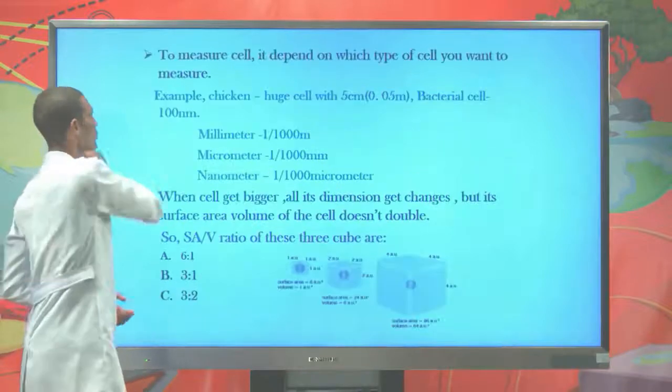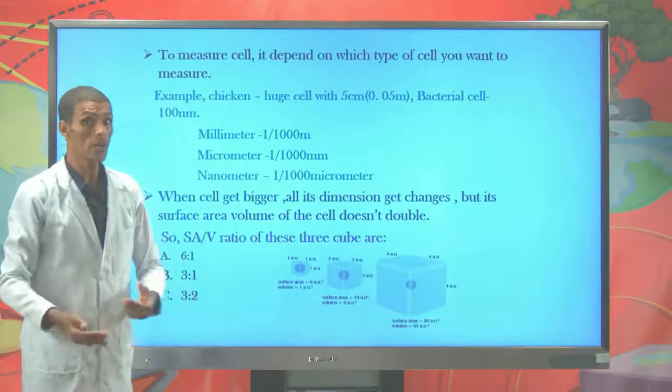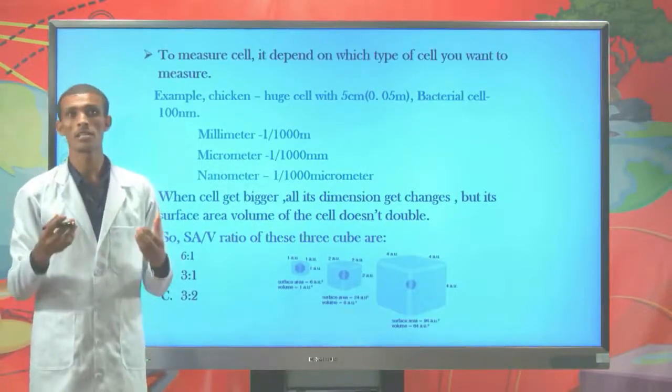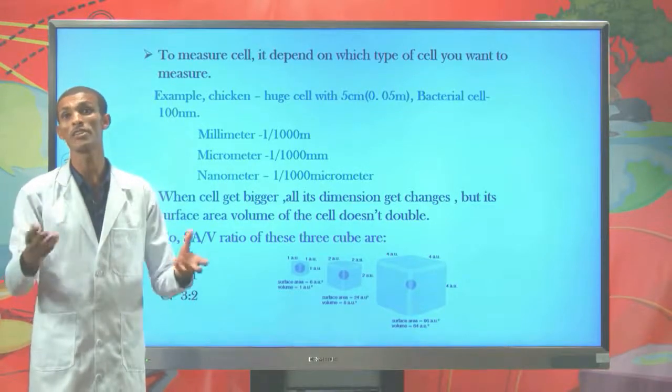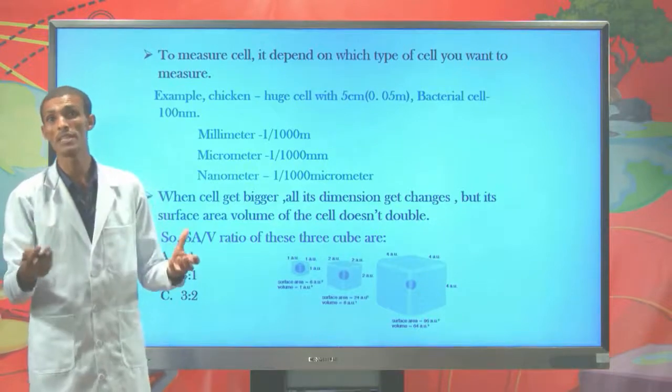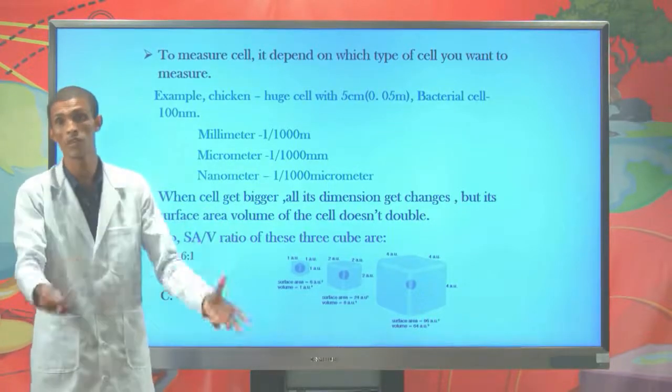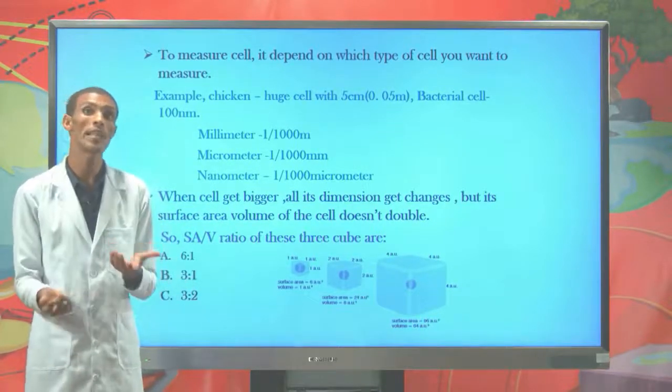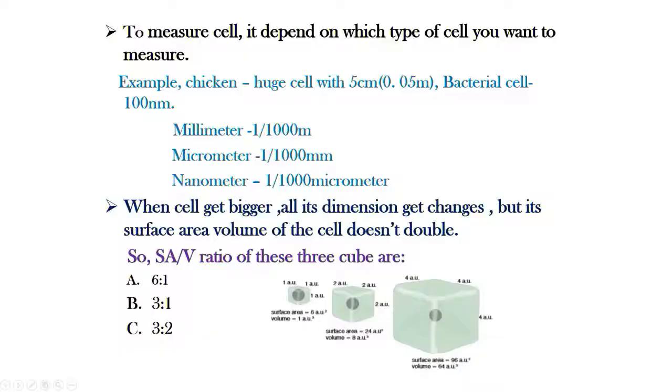Well, as I told you earlier, the cell is the smallest structural and functional unit of life. But to say one cell is bigger than another depends on what type of cell we are speaking about. To measure the largest cell, we may use another unit.